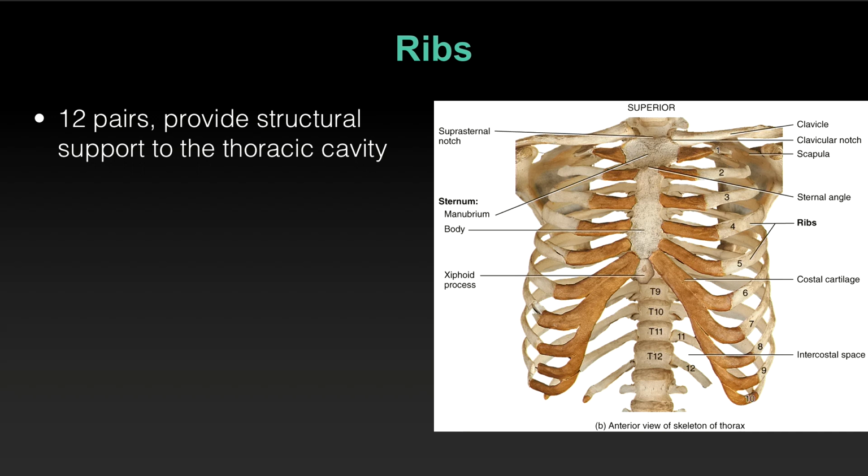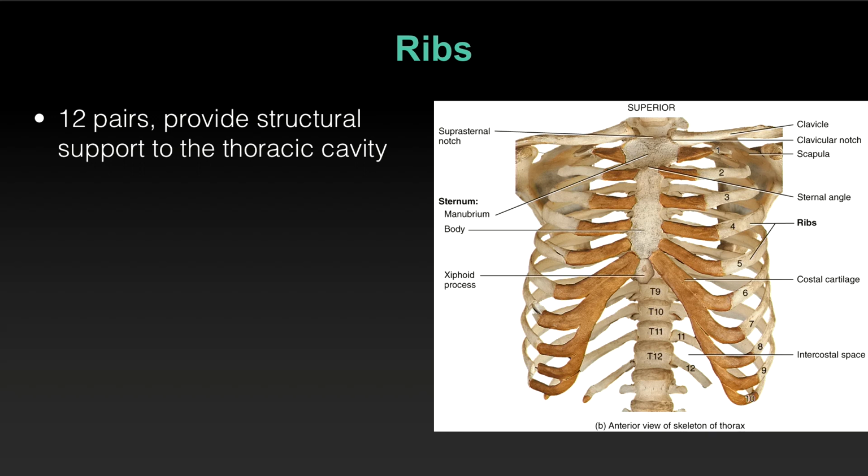Now, dimensions will change with everyone, but a few general characteristics hold true. The 7th is the largest or longest rib, and they get progressively smaller as you move away from the 7th rib. The 1st and 2nd, all the way at the top, are generally very short and flat and beefy, very thick.